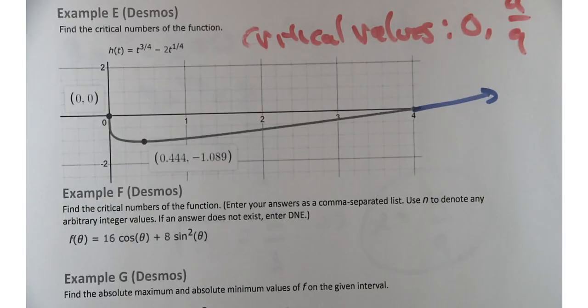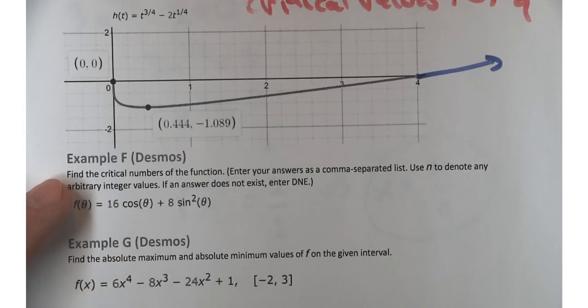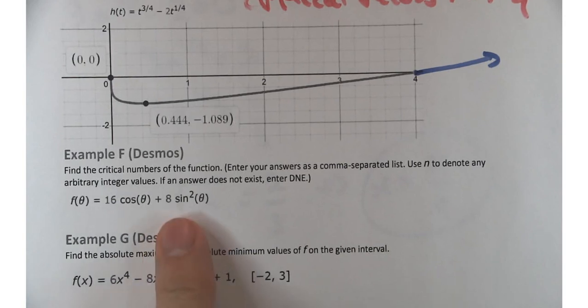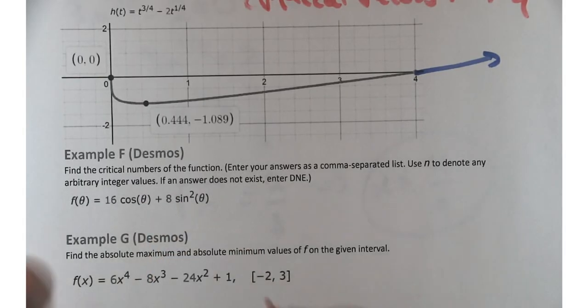Okay, let's continue to work with more and more messier ones. For instance, f of theta is 16 cosine of theta plus 8 sine squared of theta. This is going to give us a chance to practice with our chain rule here. And hopefully you'll recall really what this means.